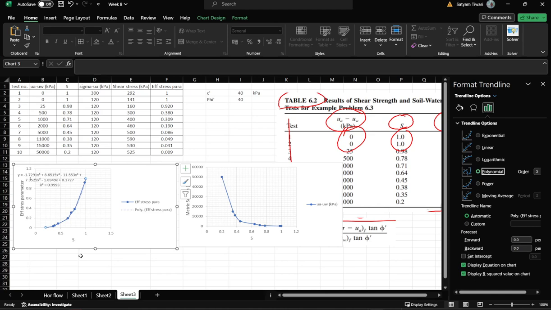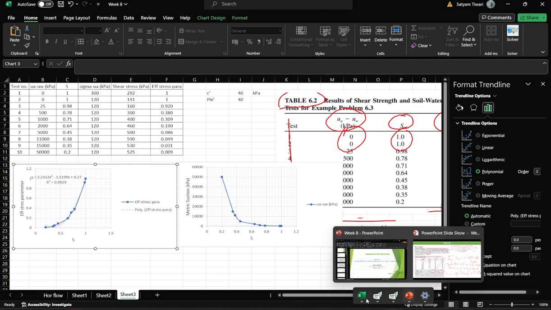Okay, so this way, you can fit different types of curves here, and based on the best fit which we have obtained, or based on the value of R-squared, we can say which polynomial is going to be the best fit, right?